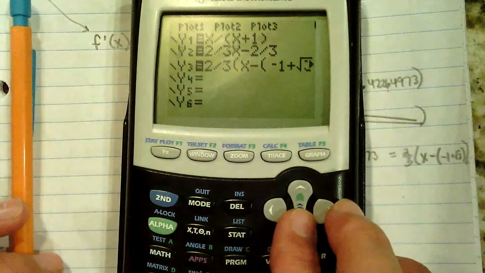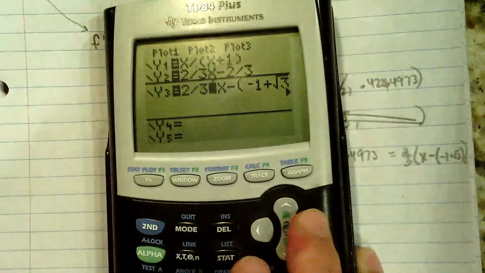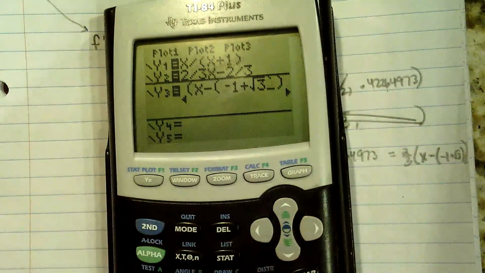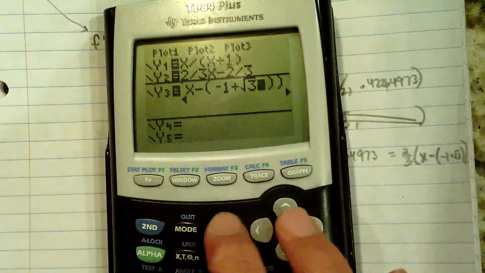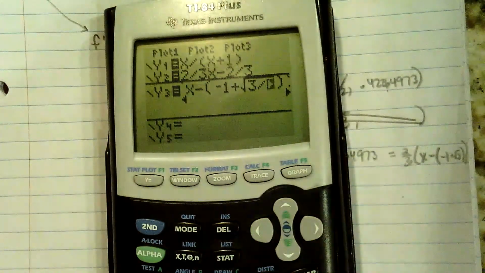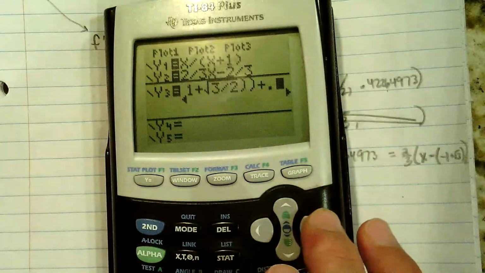Ay, caramba. 3, second insert, halves. Oh, it's not under my thing now. Hold on. Oh, there we go. 3/2. Did that fix it?